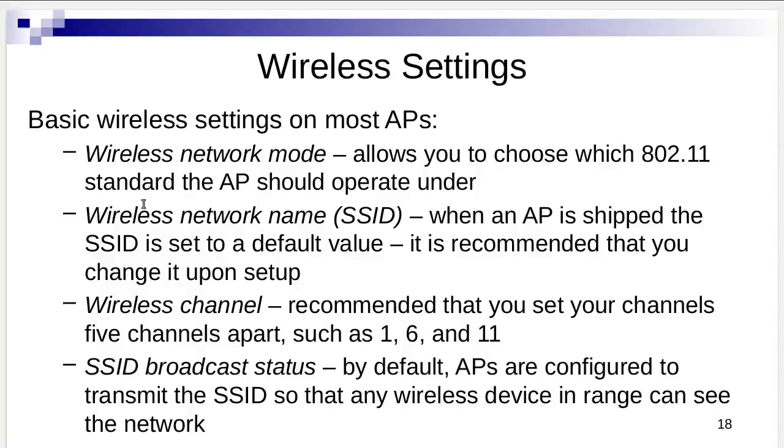So some of the basic wireless settings on most access points: when you go into a cafe, what you will see on your phone or your laptop, on your wireless device, is an SSID, a wireless network name, and then you say, okay, I want to connect to this wireless network name. It also has different actual Wi-Fi protocols that you can use.